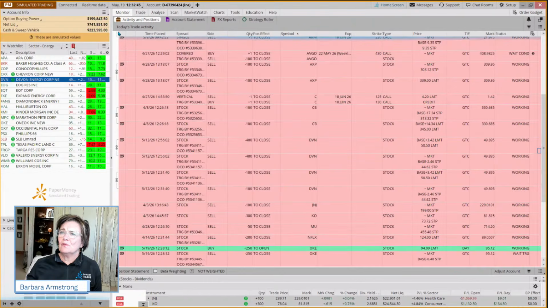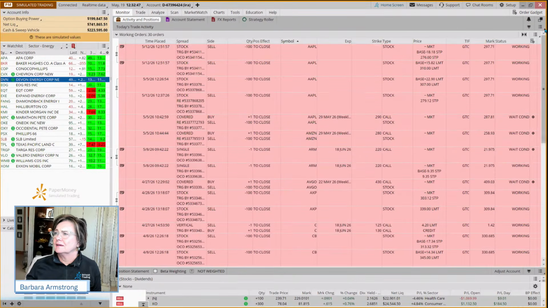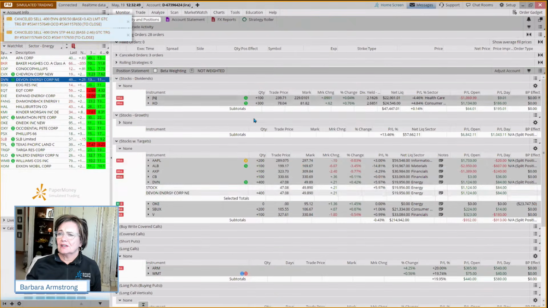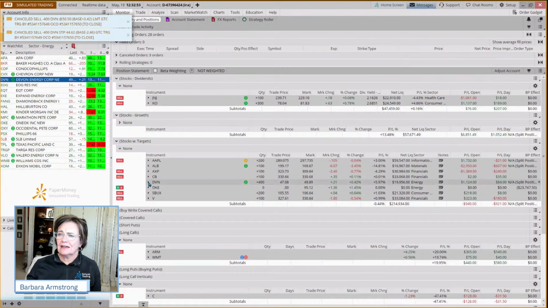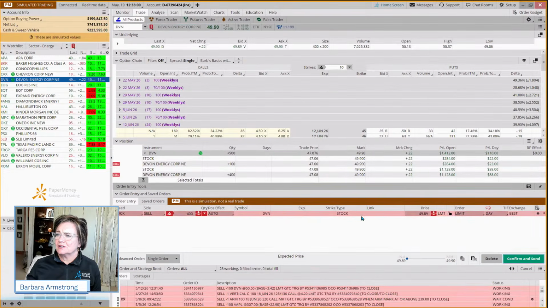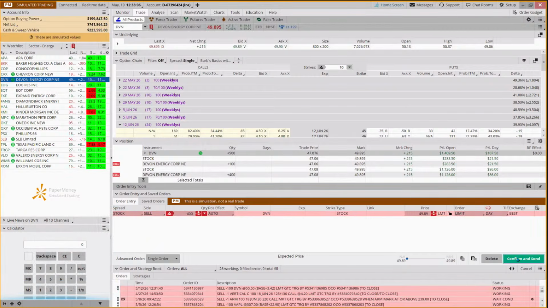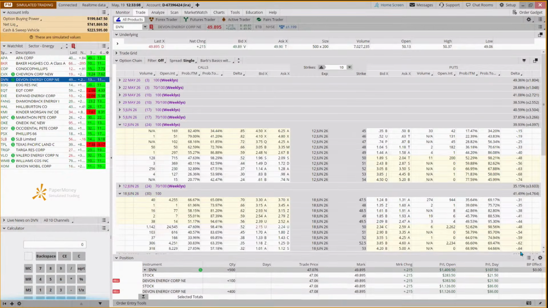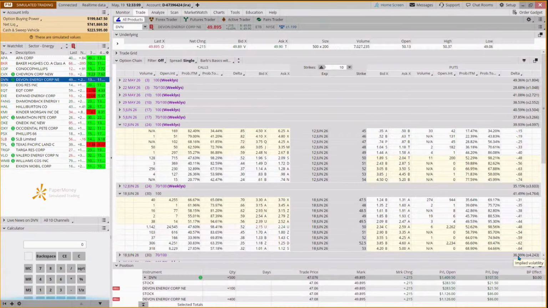And then when we come back to this position, you can see that there's no longer a little chiclet beside Devon. So we're just going to right click and say we just want to exit the position. Not with a stop, we just want to sell it at the current price. Okay, so that's that one.